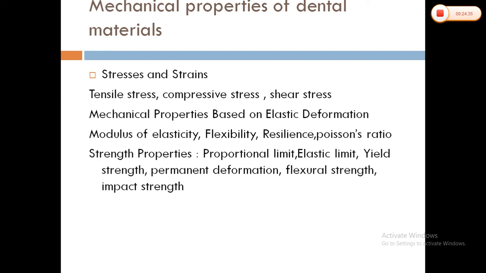Mechanical properties based on elastic deformation: under this you will be learning about modulus of elasticity, flexibility, resilience, and Poisson's ratio. And in strength properties you will be learning about proportional limit, elastic limit, yield strength, permanent deformation, flexural strength, and impact strength.